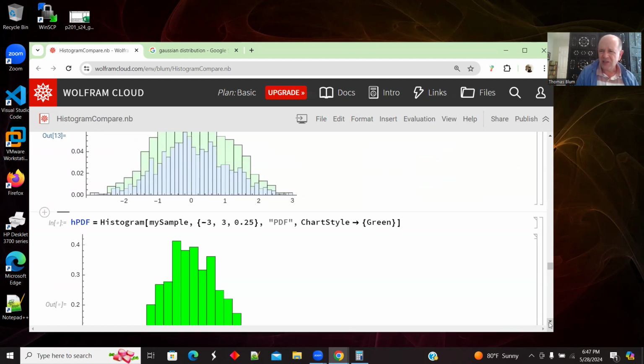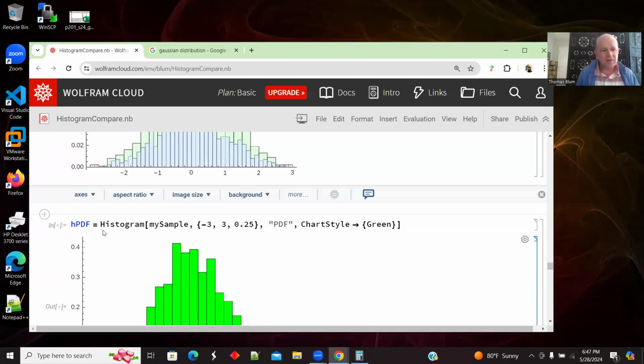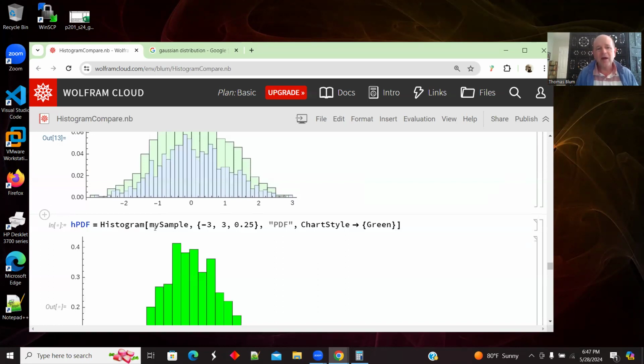But when we change the width between the bins, that's also not going to change. So it's scaled both vertically and horizontally. And this is the version that gets us closest to what you would do in a mathematical function, which we'll see.